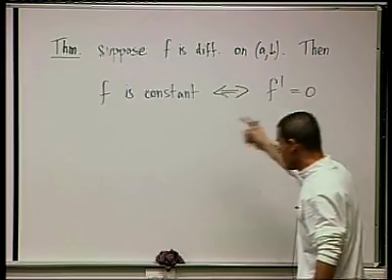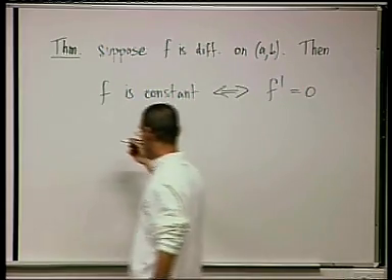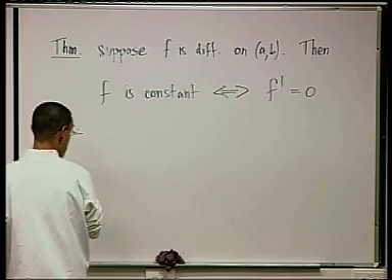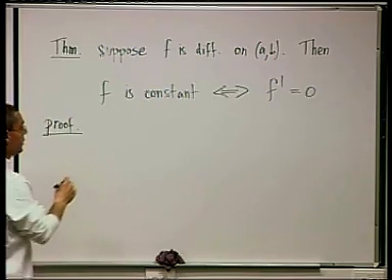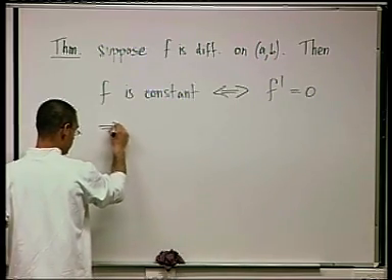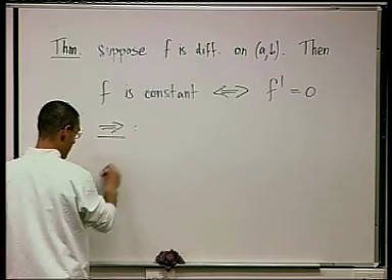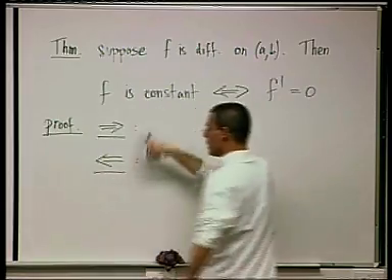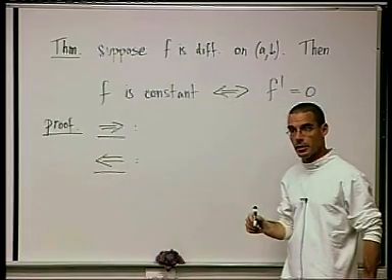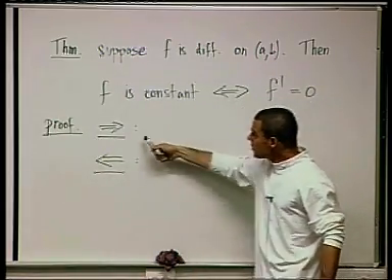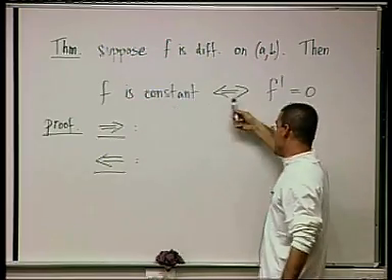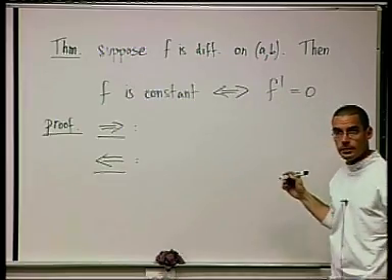There are two directions here. So, proof. There are two directions. There's this direction, and there's this direction. Do you understand what I mean when I write it like this? The first direction is, if f is constant, then its derivative is 0.